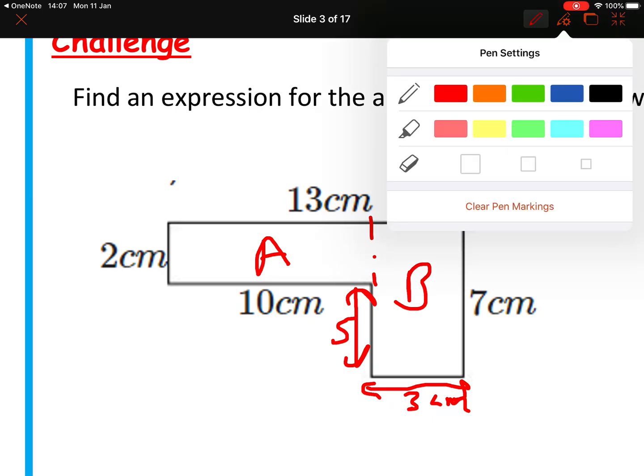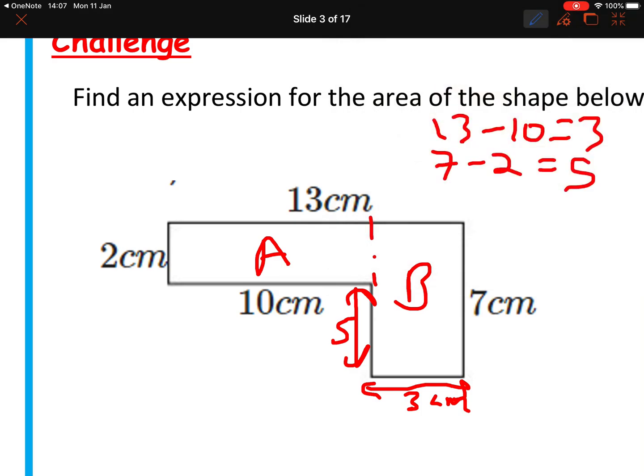call this part here shape B. Remember from last week, we drew, let's get a different colour pen. We drew 2 different rectangles. So we've got the area of A, which is going to be a 10 by 2 rectangle.